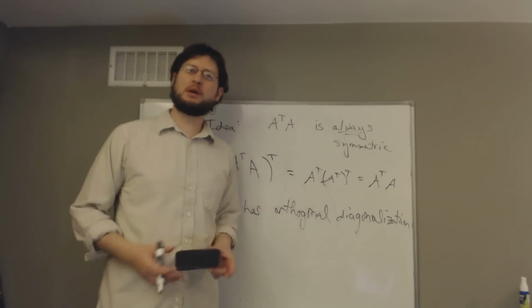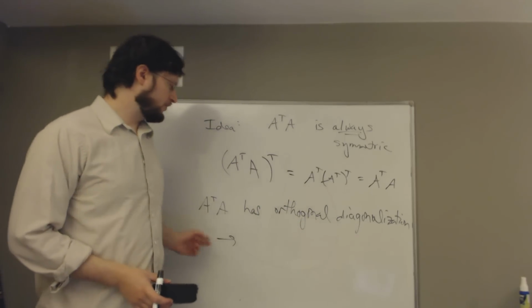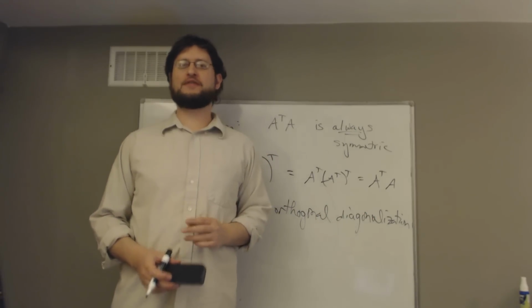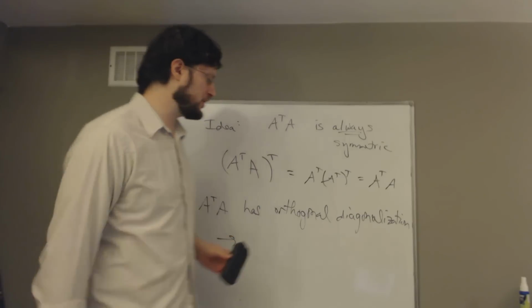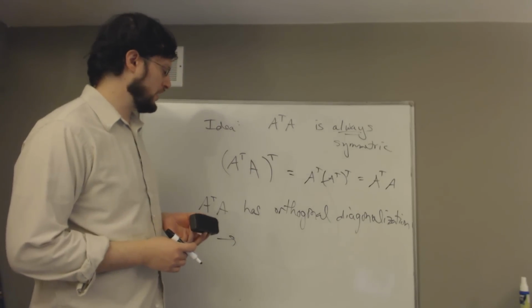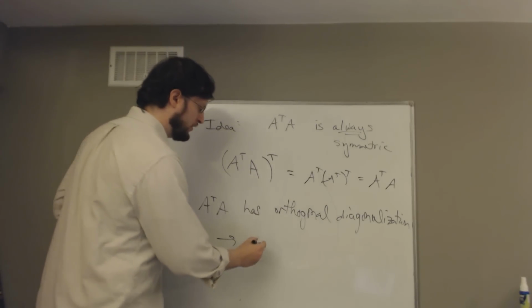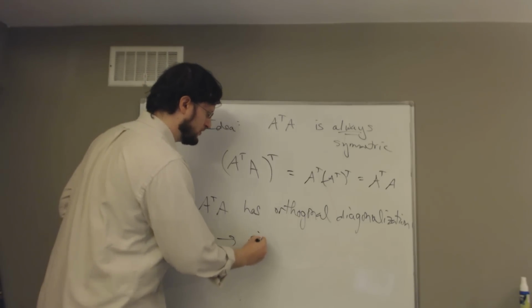Which means that I can come up with eigenvalues for this matrix and then eigenvectors as well. And in fact, enough of them to make a square matrix full of linearly independent eigenvectors.